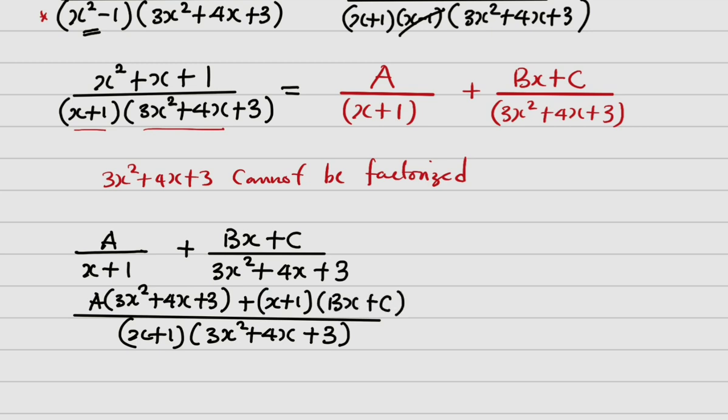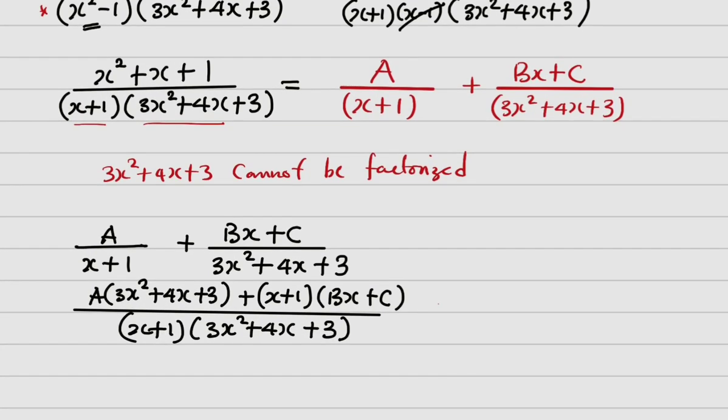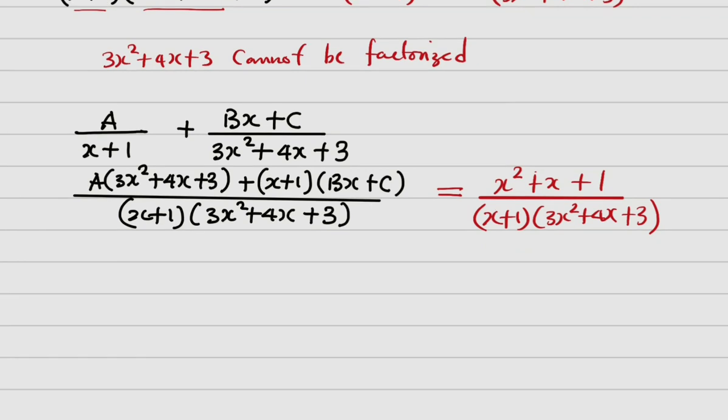Now, if I put it side by side with the main question, which is x squared plus x plus 1 all over x plus 1 into 3x squared plus 4x, then plus 3, you notice that the denominators are the same.